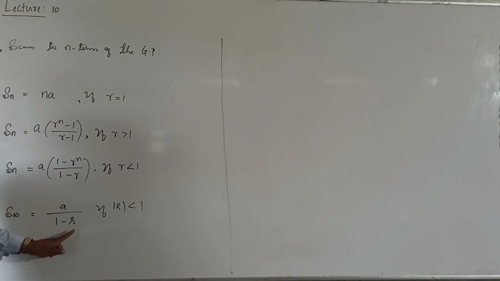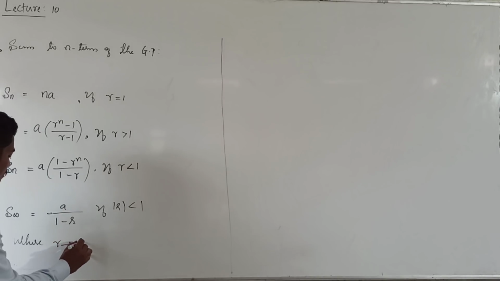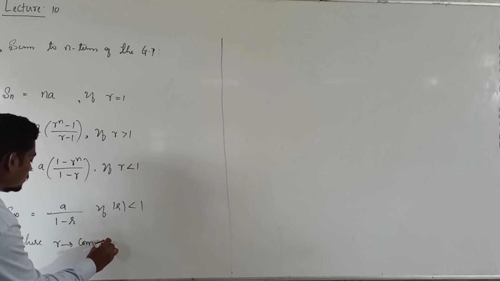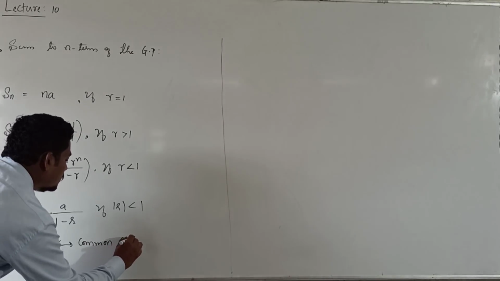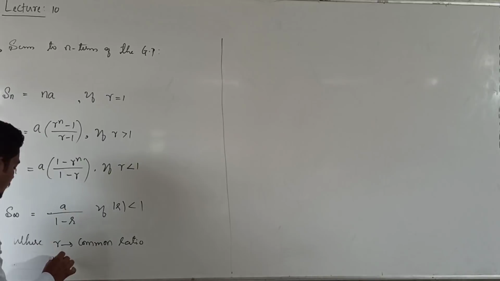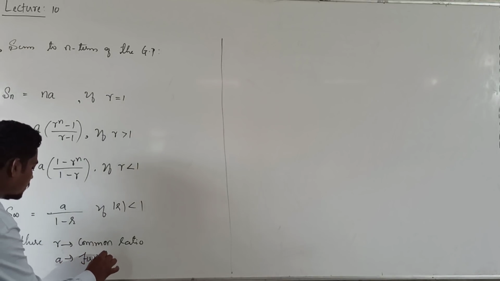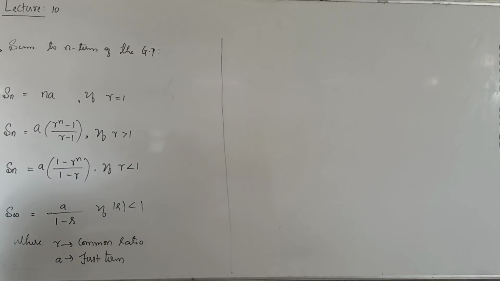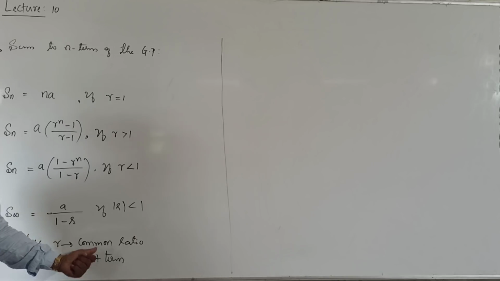Sum of infinite terms of the GP is A divided by 1 minus R, where R is common ratio, small a is first term. R is equal to common ratio, A equal to first term.